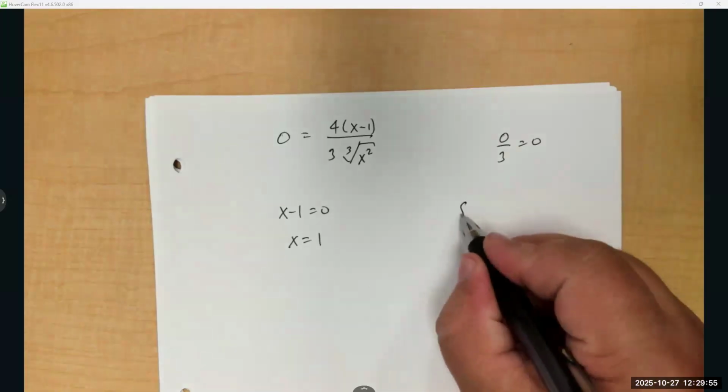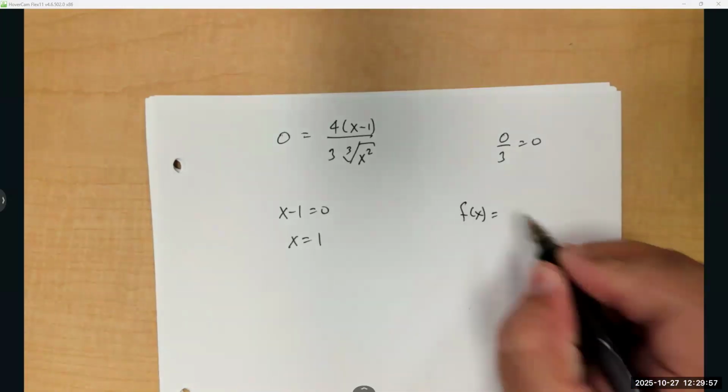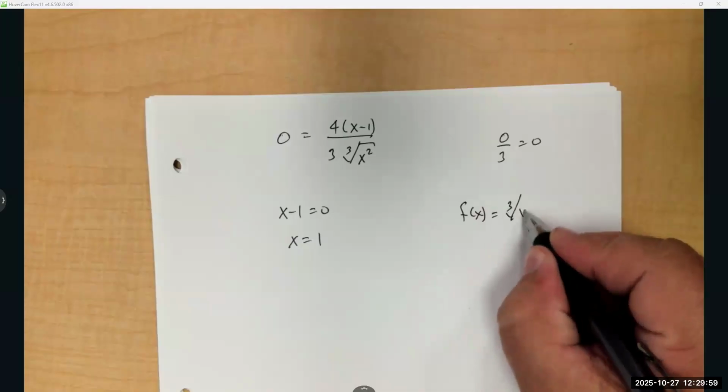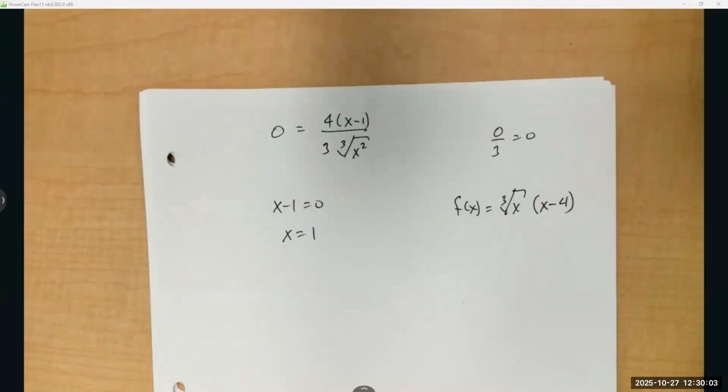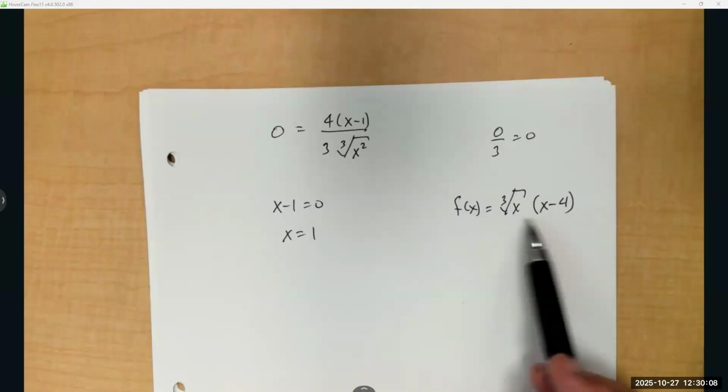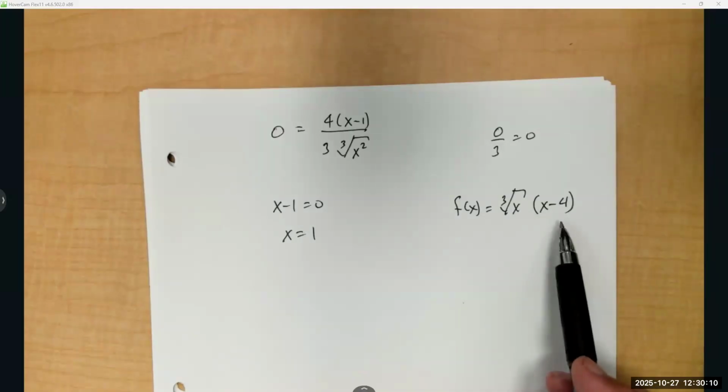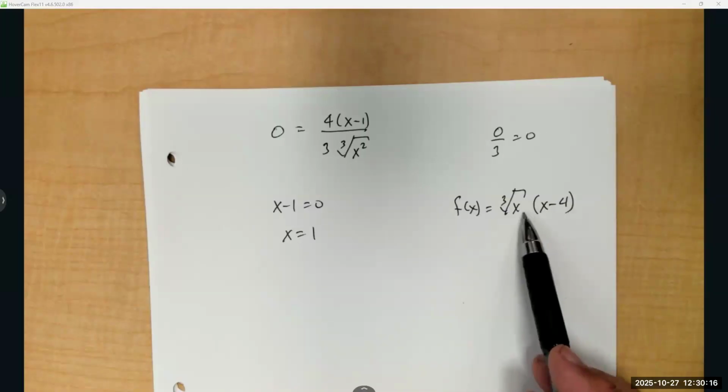Because remember, our original function looks like this. It can't be an asymptote because can we use 0 in the original function? Yeah, if we plug in 0, the answer would be 0 times this, it'd be 0.